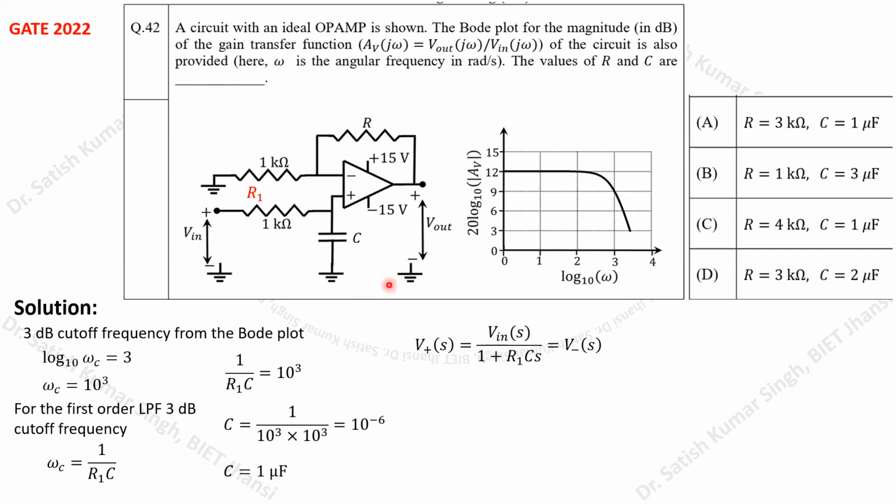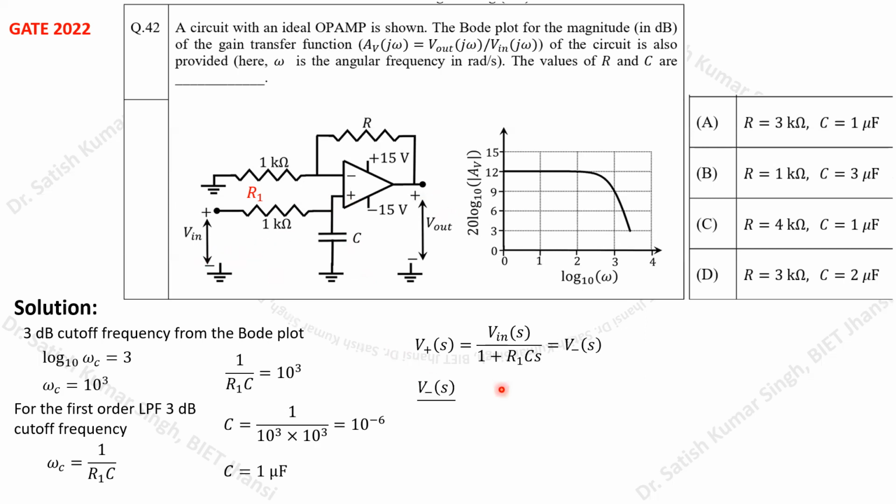Due to the concept of virtual short, V plus will be equal to V minus, since this is the non-inverting terminal and this is the inverting terminal. Now you can apply KCL at this particular node, and then correlate V output S and V input S.